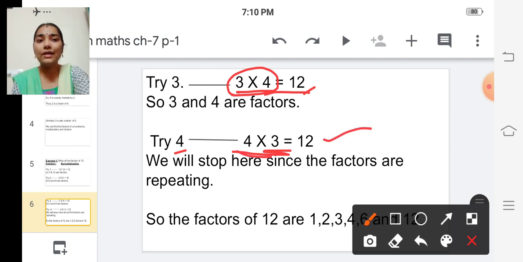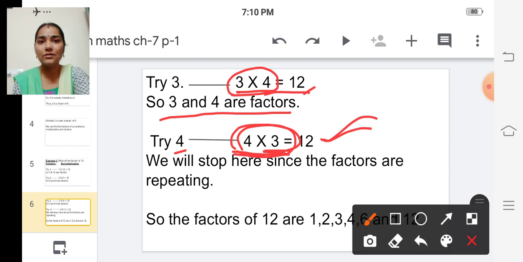So already we got 3 and 4 as factors, isn't it? So the factors are repeating, and with that we can stop proceeding. If the factors are repeating, then we will stop the procedure.